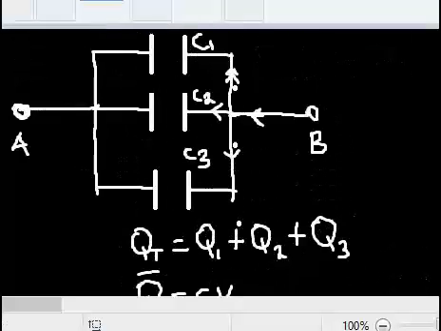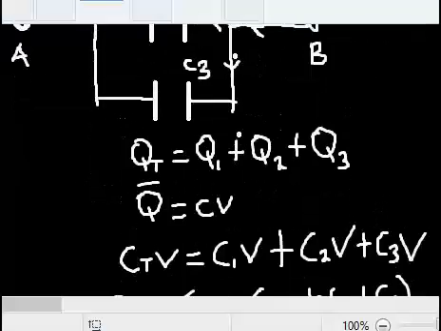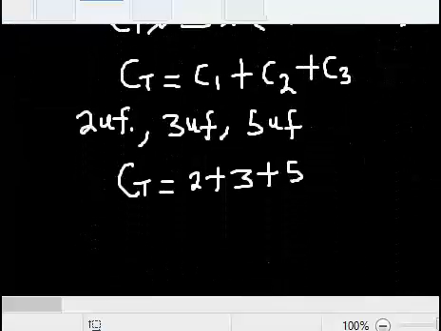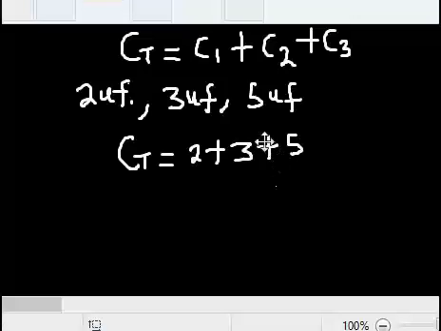All right, so that is how capacitors are connected in parallel, and that's what you get as the total capacitance.